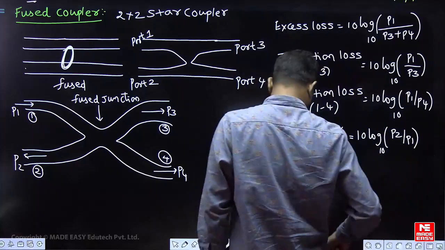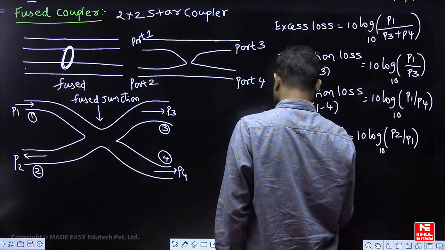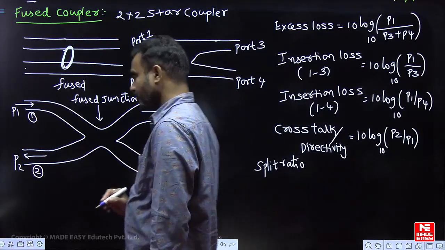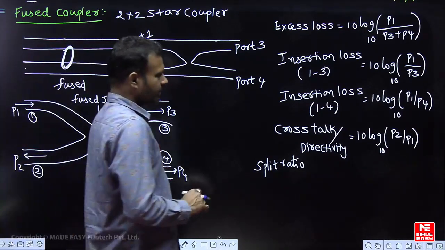After crosstalk we can talk about the next one, split ratio. Split ratio is also called coupling ratio.